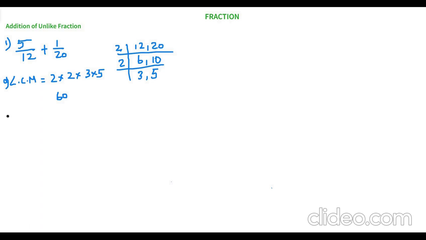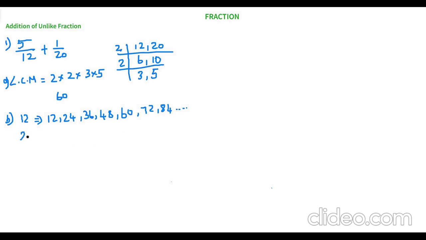Now I'll teach you the second method to find the LCM. Here we will write the multiples of 12 and the multiples of 20. The multiples of 12 are 12, 24, 36, 48, 60, 72, 84, and it keeps going because we have an infinite number of multiples.